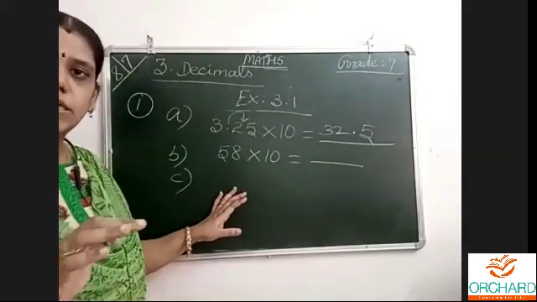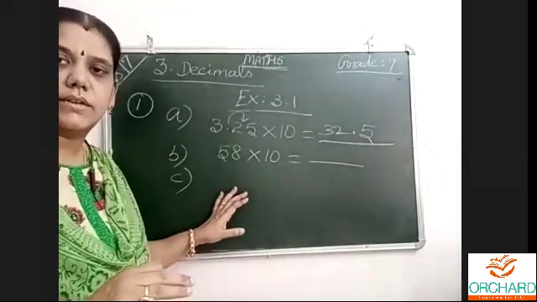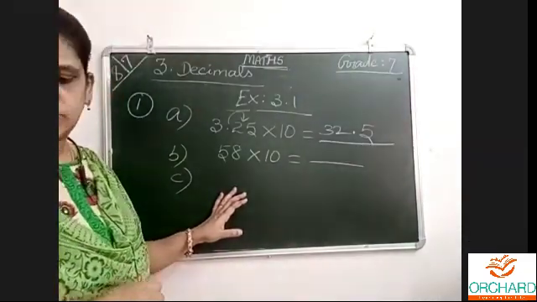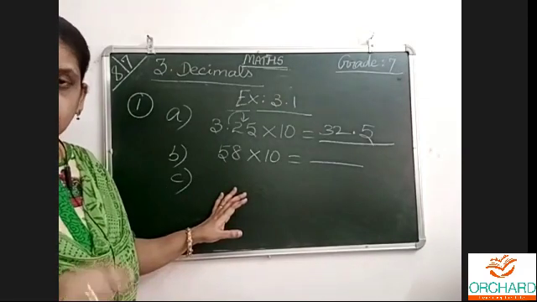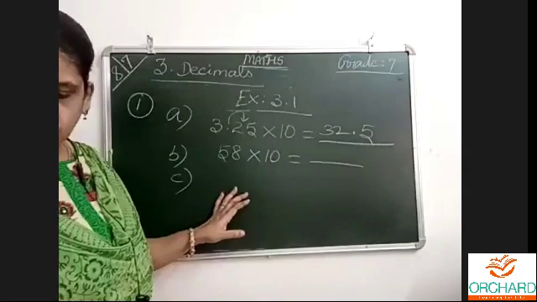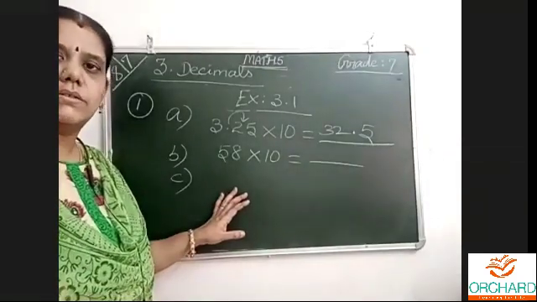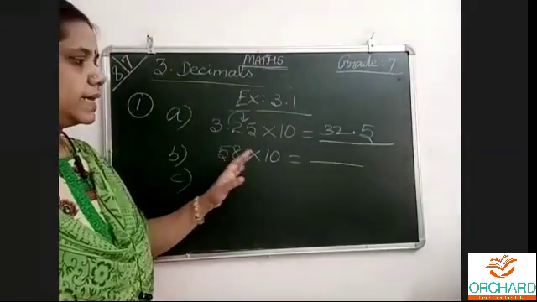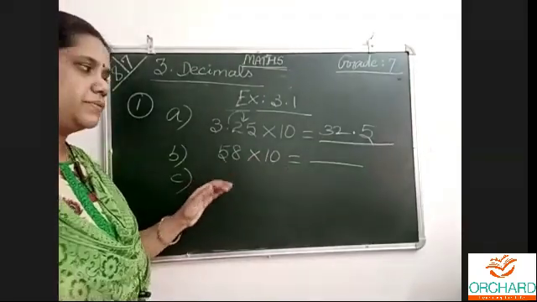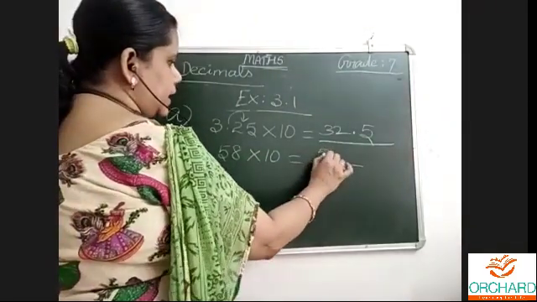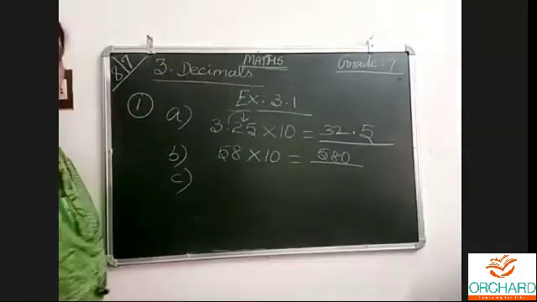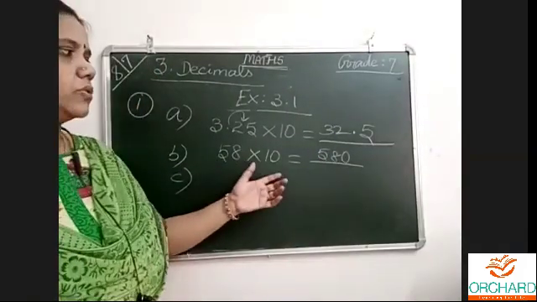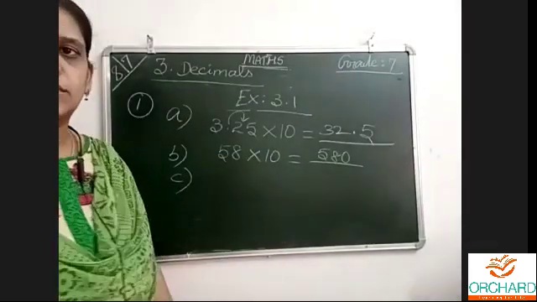It's not necessary that all the numbers will be decimals only. They will give anything. Understood? First they gave a decimal, second a full integer, third again a decimal, fourth again a full number. So 10 times as large as 58, right? 58 ones are 58. Add a 0. Normally, how we do 5 into 10, 50? Like that it is.